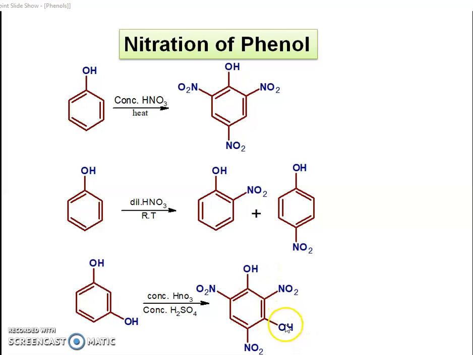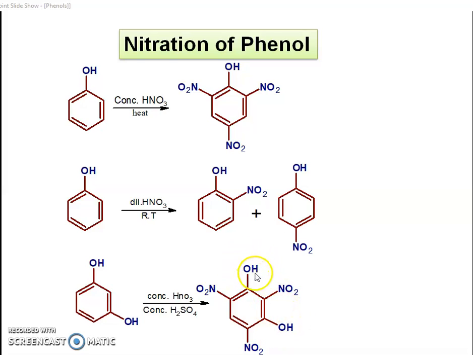So nitration can take place at the ortho positions, this ortho position and this ortho position, and another at the para position with respect to this OH group.